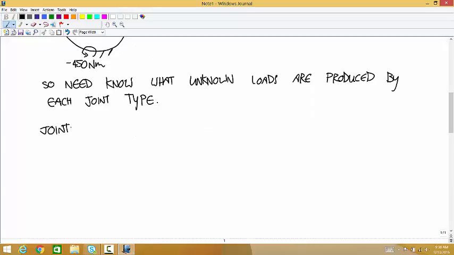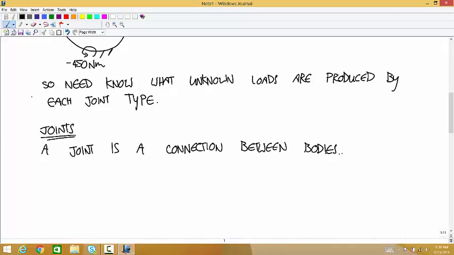This is a big part of this class. A joint is a connection between bodies, and each joint type applies a specific set of loads from one body to the other.